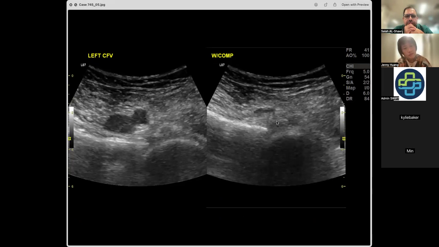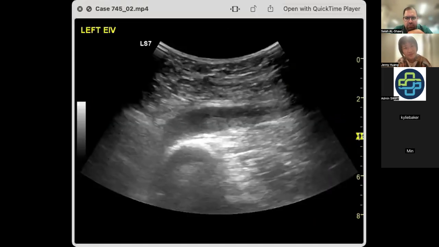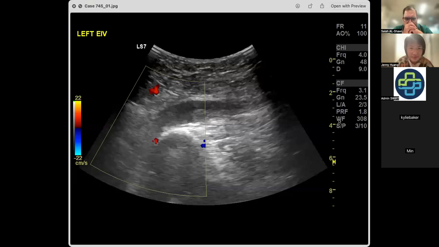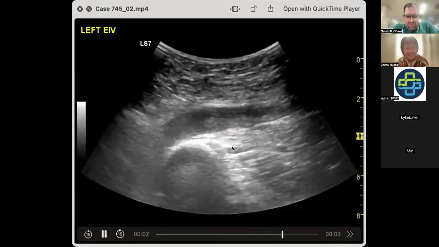So what's more accurate, compression or color flow? Color flow? Maybe try again. Compression. Yes, compression. So what we actually saw here, and we can see it on here, is that when we compress this area, it's fully compressed.